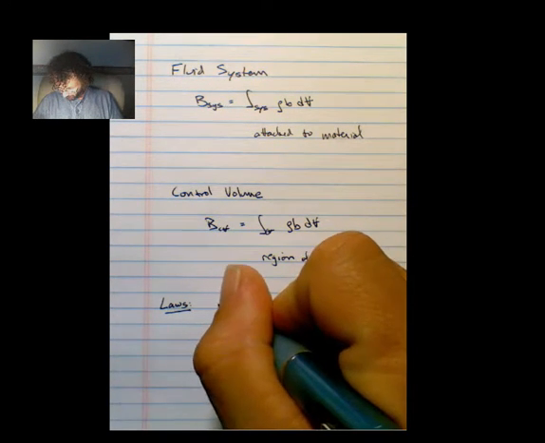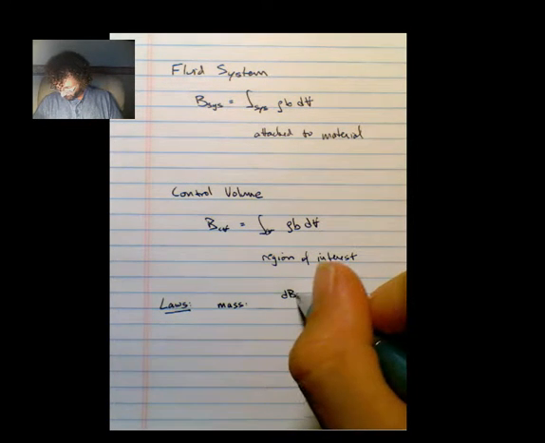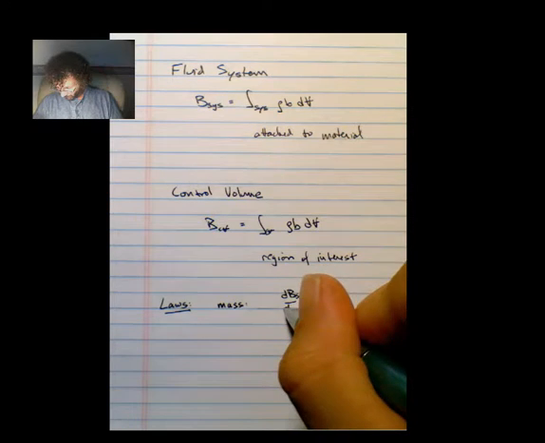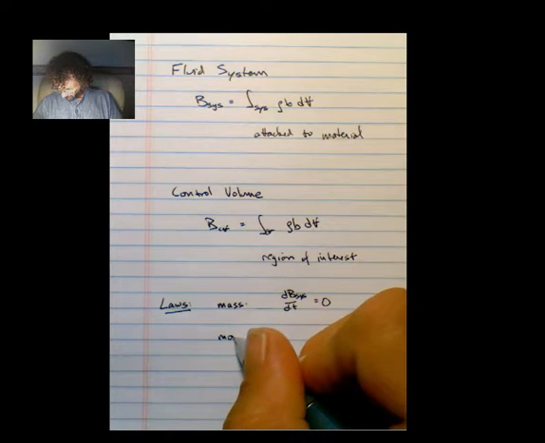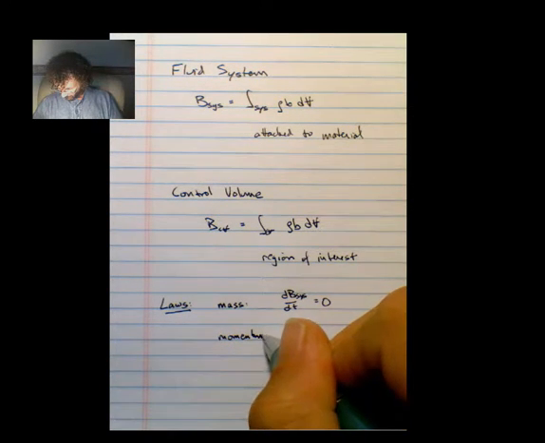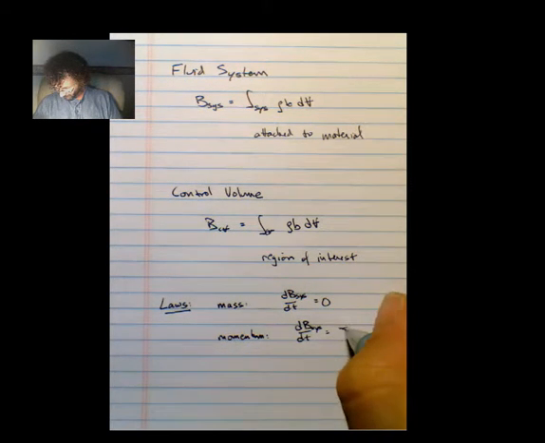So if it's conservation of mass, we know that dB system dt is equal to 0. There's no change in mass of a mass. Momentum, dB system dt is equal to the sum of the forces.